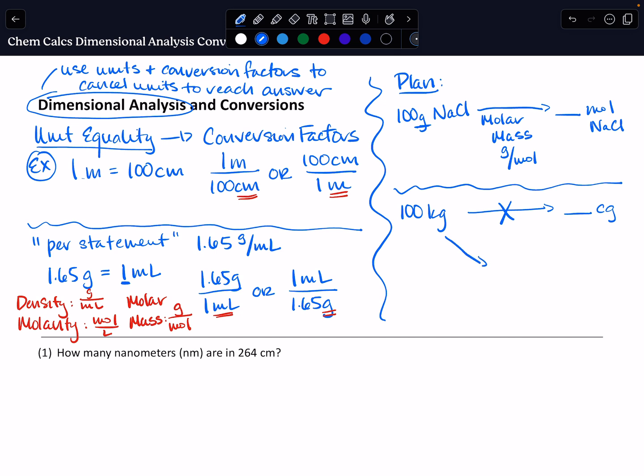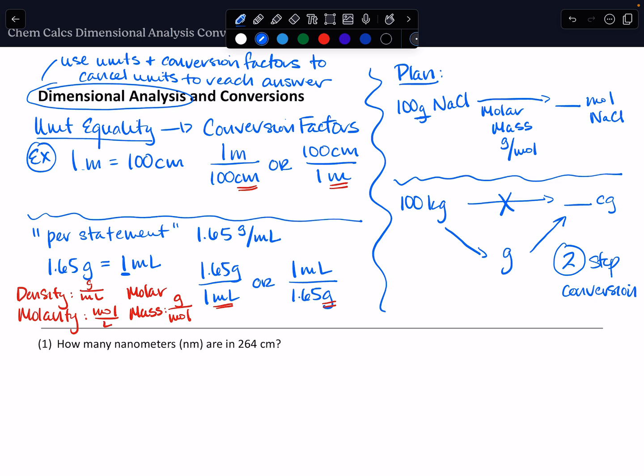Instead, I'm going to convert those kilograms into grams, and then I can convert into centigrams. So this is going to be a two-step conversion. But I know these unit equalities, kilograms to grams and grams to centigrams, so I can write those conversion factors.